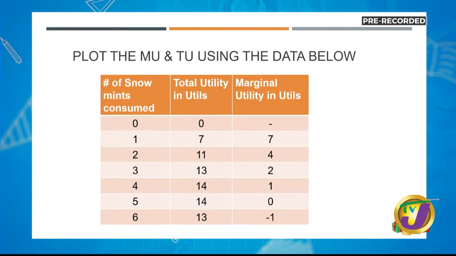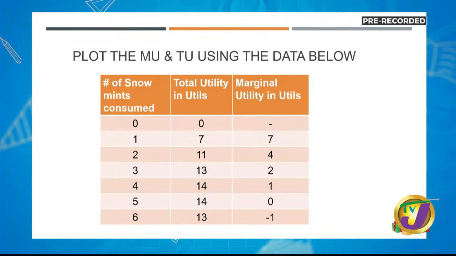Now we want to look at this table, which is showing you total utility and marginal utility. And we are saying that the goods that we're focusing on are snow mints. In the table, it has 3 columns and 8 rows. So the first column is the number of snow mints.